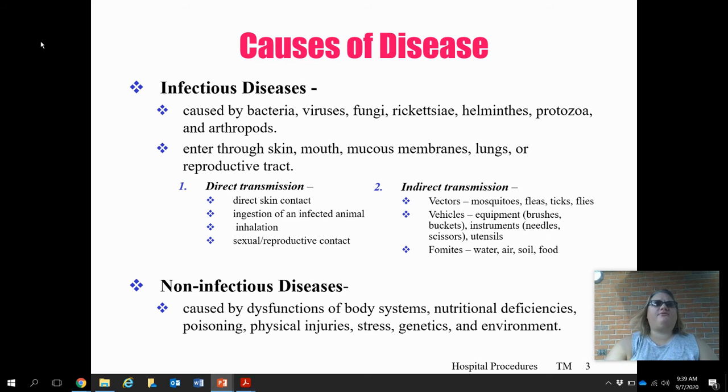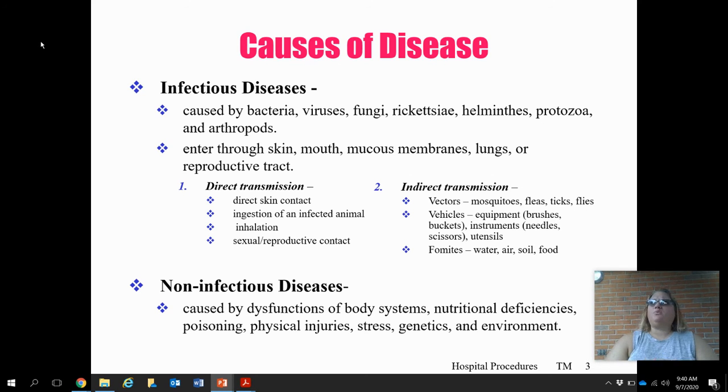Those are through vectors like mosquitoes, fleas, ticks, flies, when they bite the animal or us. Then we have vehicles. So equipment like brushes and buckets and food bowls and water bowls, instruments, utensils.